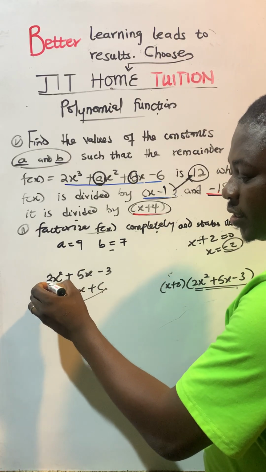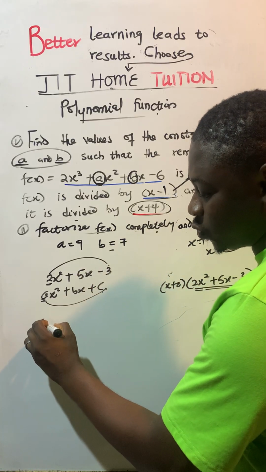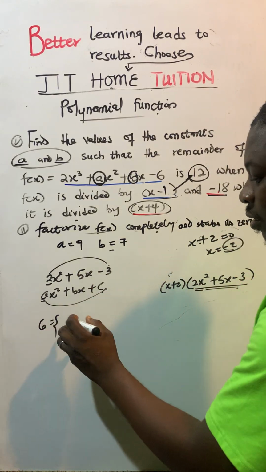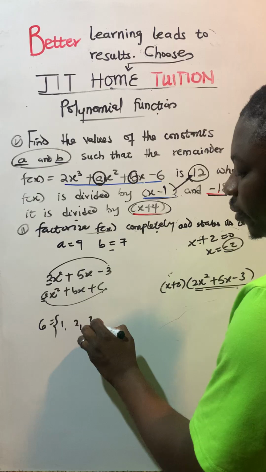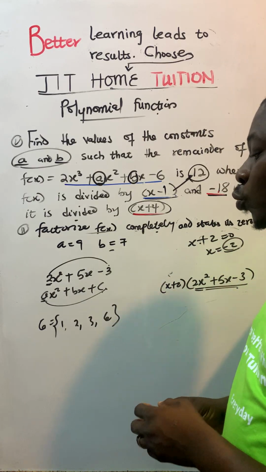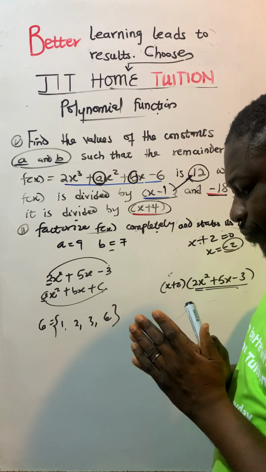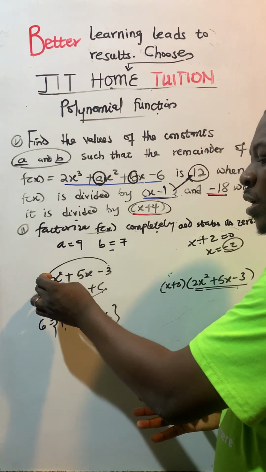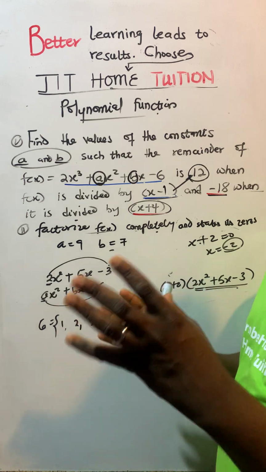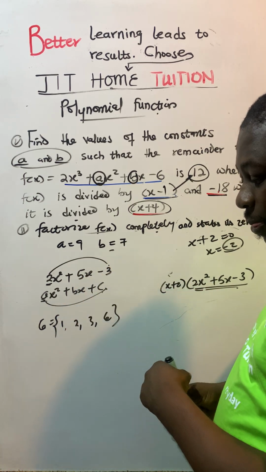So in this case, 2 multiplies the negative 3. That will give you negative 6. So you find factors of 6, which are 1, 2, 3, 6. Now, out of these factors, you are to choose two numbers that when you multiply, it will give you the product of the 2 and the 6, but when you add or subtract, it will give you the middle term.